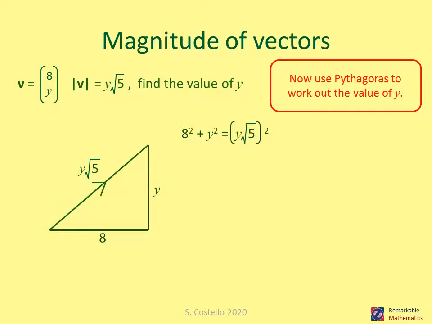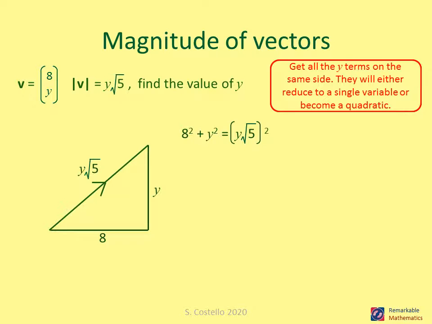I know that 8 squared plus y squared equals y root 5 squared. What we should be thinking now is there's two variables here. So what strategy am I going to use to solve this? If we've got two variables, get them all onto the same side. One of two things is going to happen, and we don't know at this stage, not until we've worked it through.